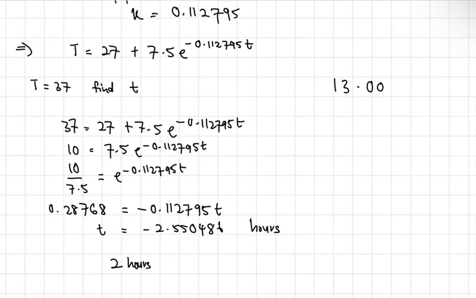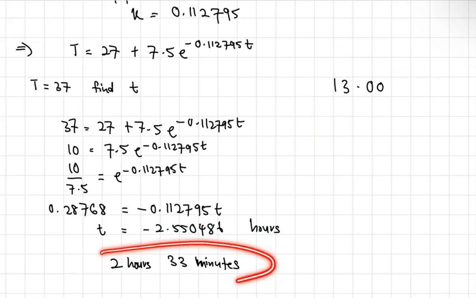So 2 hours, 33 minutes. That means the time we found the body is at 13 hours, 1 p.m. That means this person was alive 2 hours 33 minutes before.